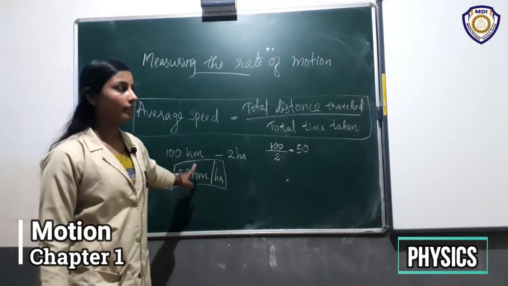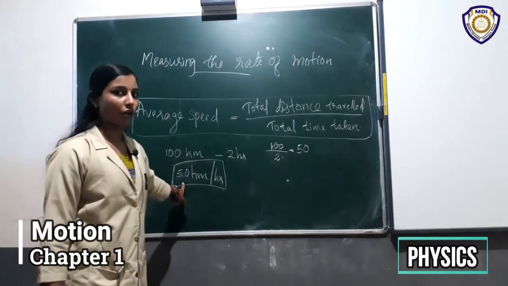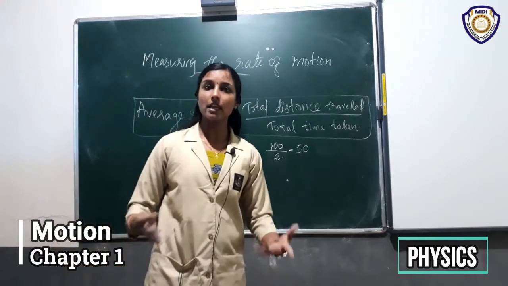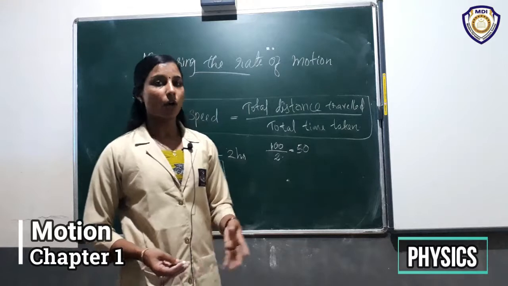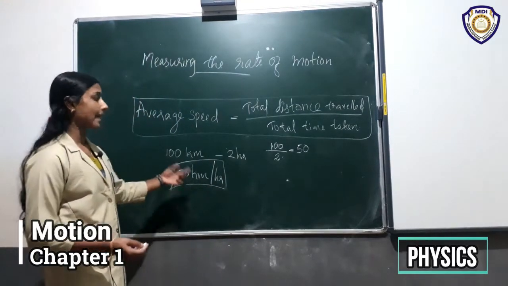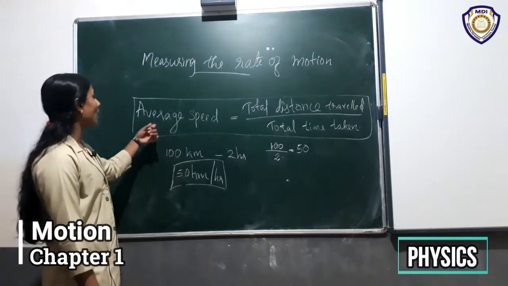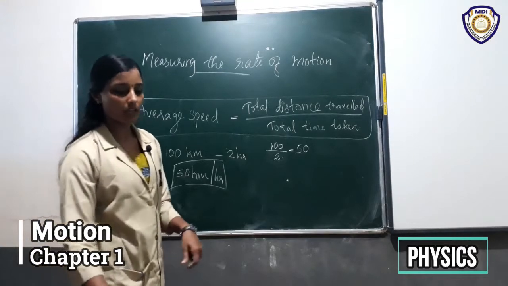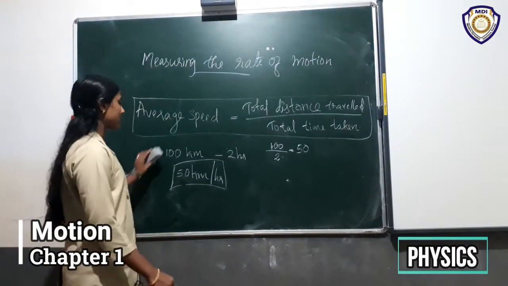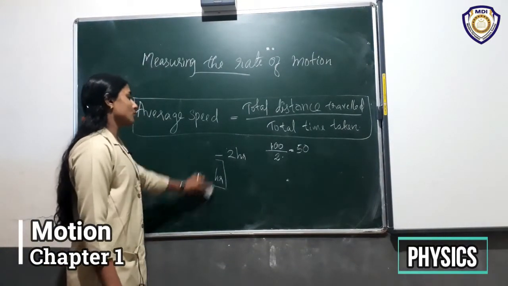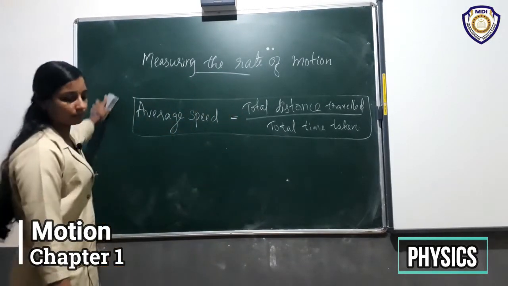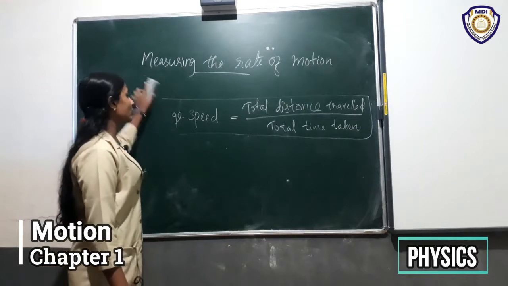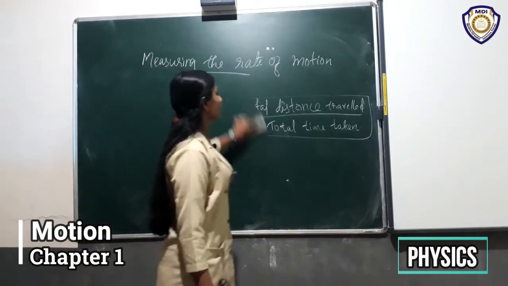We cannot say the exact speed of a car or any non-uniformly moving object. We can only say the average speed of that object, right? There is another example given to you. You should do that. So we are moving to the next.